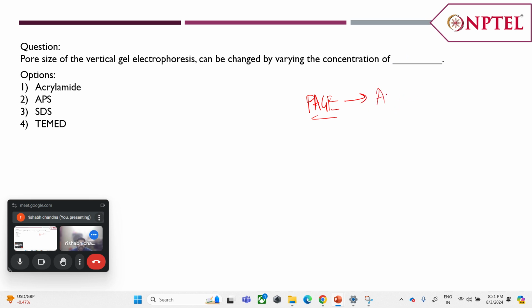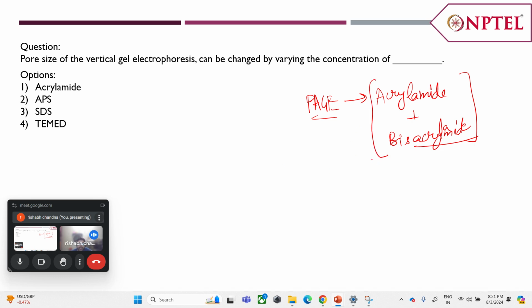That is acrylamide and bisacrylamide. So, if we have to change the pore size of that particular gel, we have to vary this concentration. Okay, so the concentration of these particular components would vary the pore size.